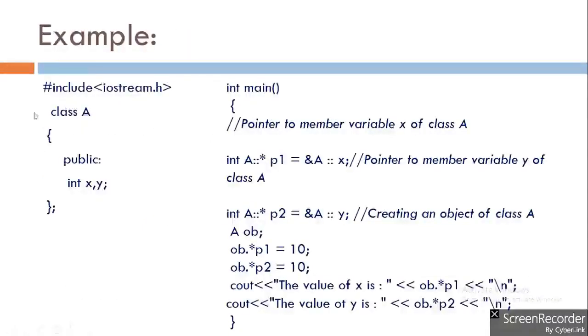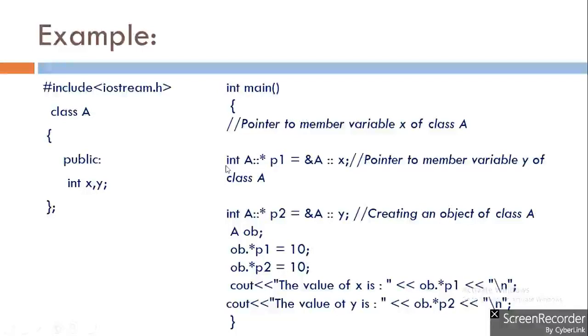See, here I have declared one class, its name is capital A, and it has two data members X and Y. Now in the main section, first of all we will define a pointer to a member variable X of class A. That means we will use the member dereferencing operator, scope resolution with asterisk symbol.